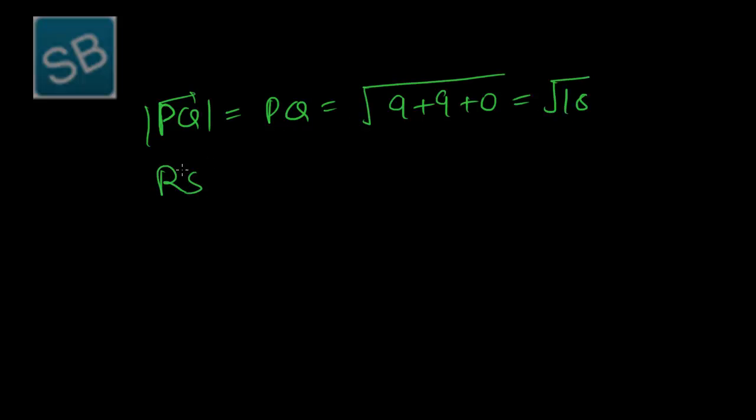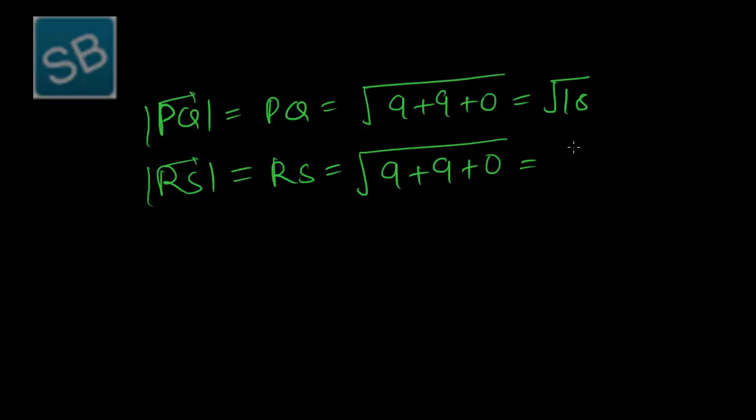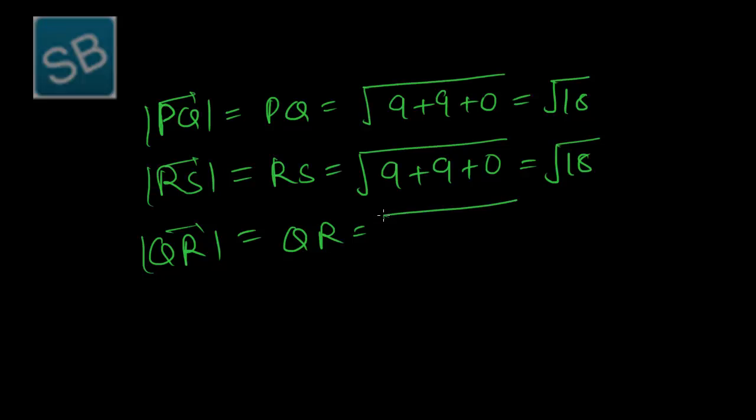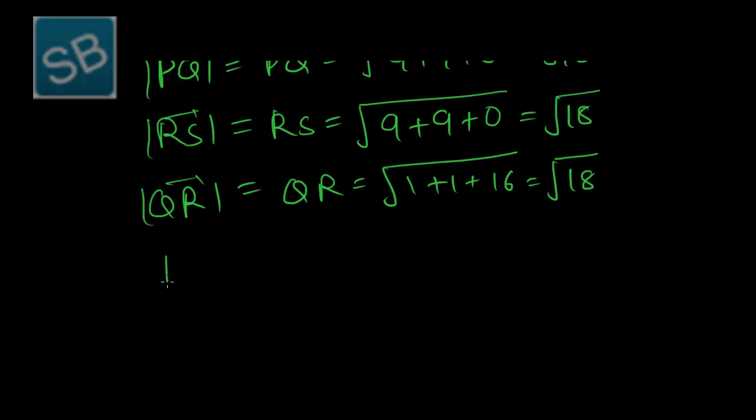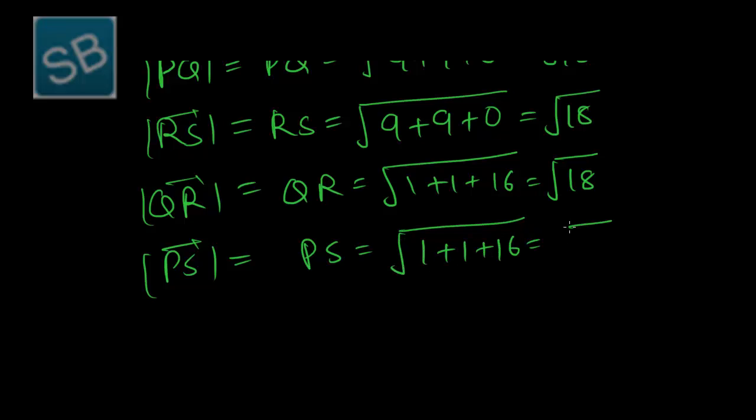Similarly, the magnitude of RS is minus 3 square plus 3 square plus 0, that is under root 18, and the magnitude of QR is 1 square plus 1 square plus 4 square, that is 16, that is under root 18. Also, PS length is under root 1 plus 1 plus 16, that is under root 18.